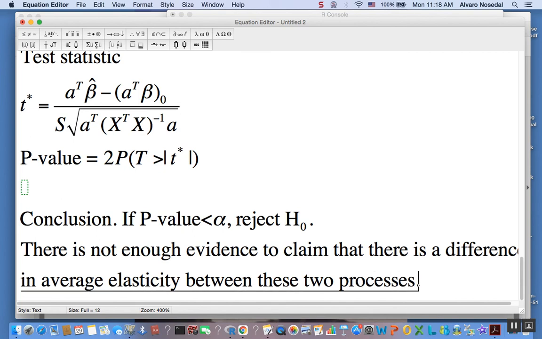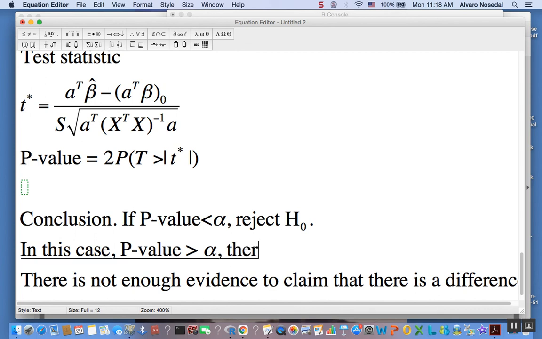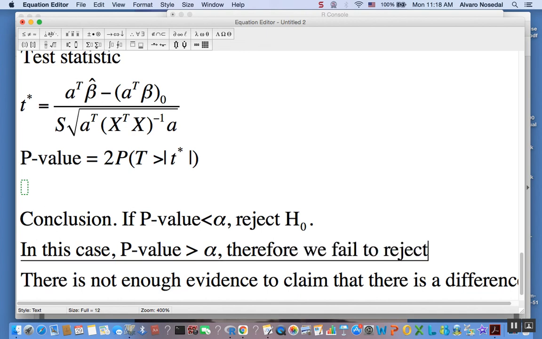Because in this case the p-value is greater than alpha. Therefore, we fail to reject H0.